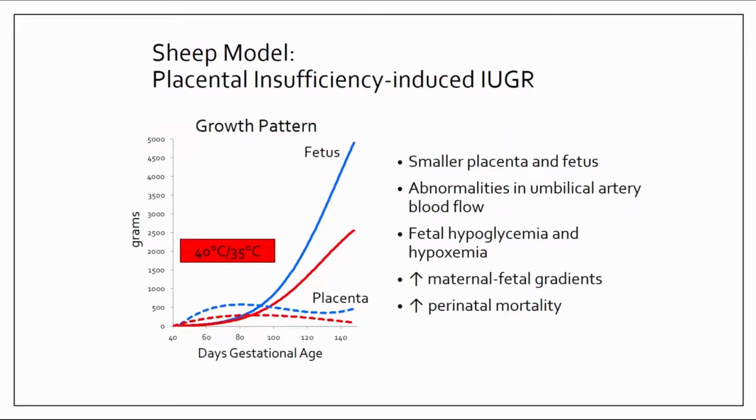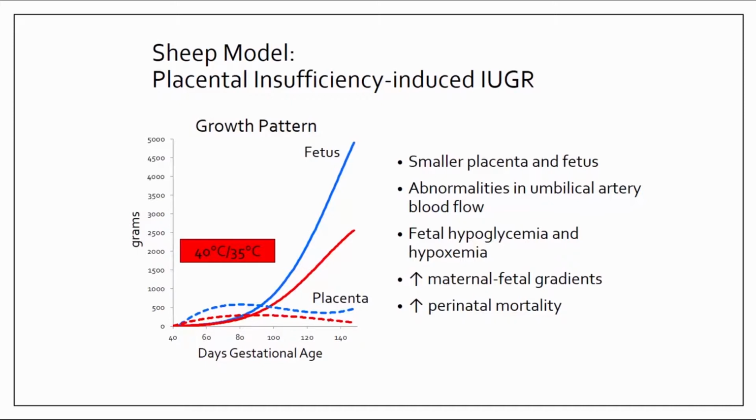As I mentioned, the hyperthermia model leads to placental insufficiency-induced intrauterine growth restriction. On the left-hand side, I show the growth patterns of both the fetus and the placenta. In the blue are the normal growth patterns for the sheep, and in the red would be the intrauterine growth-restricted fetal growth patterns.